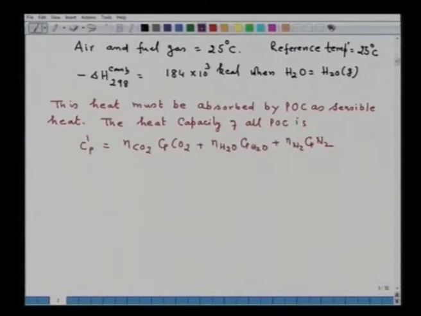So this is the heat capacity of the mixture of the products of combustion.